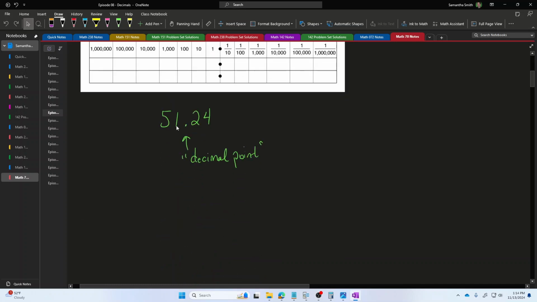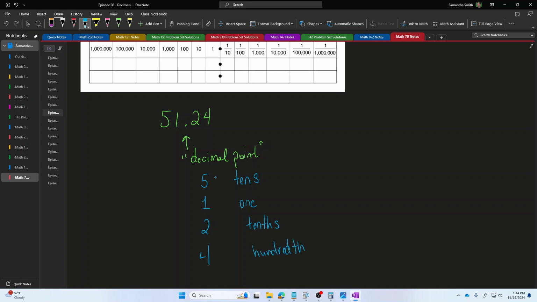So for example, in the number 51.24, this number is telling me that I have 5 tens, I have 1 one, I have 2 copies of 1/10, and I have 4 copies of 1/100th.